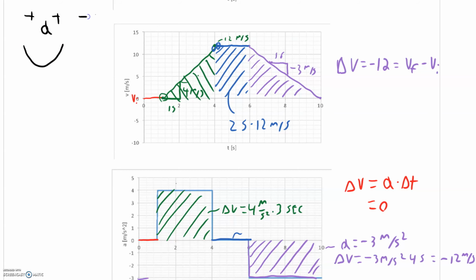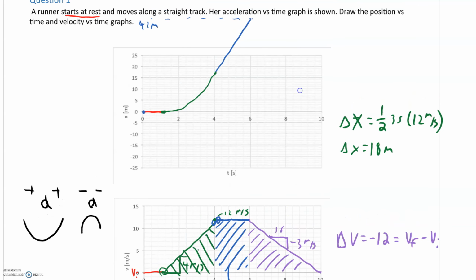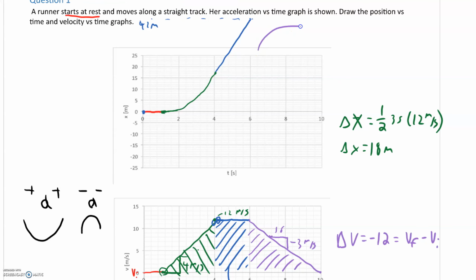And if my acceleration is negative, the position versus time graph should be concave down. So I see that this shape matches that smiley face for the positive acceleration. That's a good sanity check. And this second part of my graph has negative acceleration, so it should be concave down. It should taper off like that.